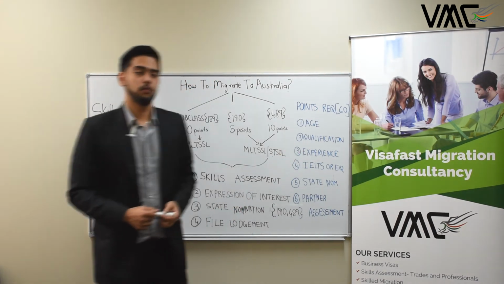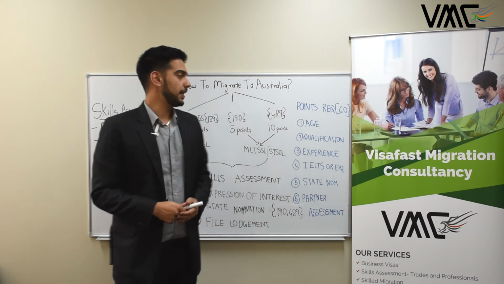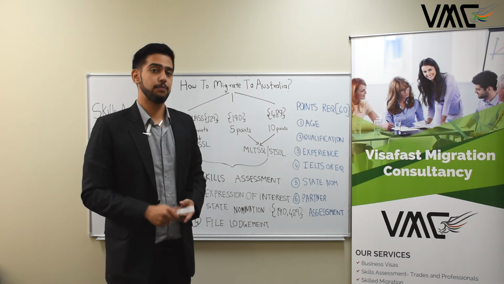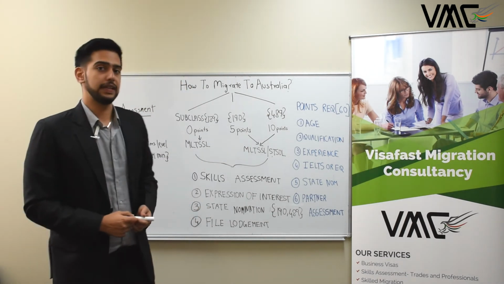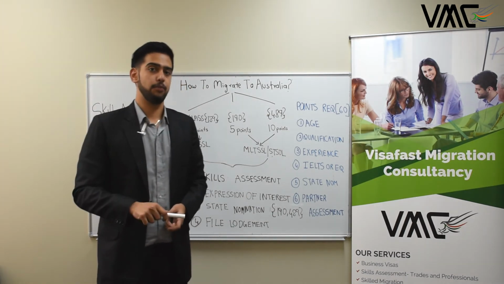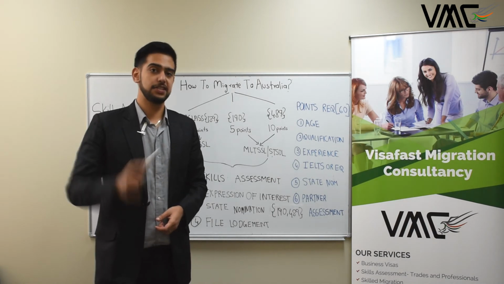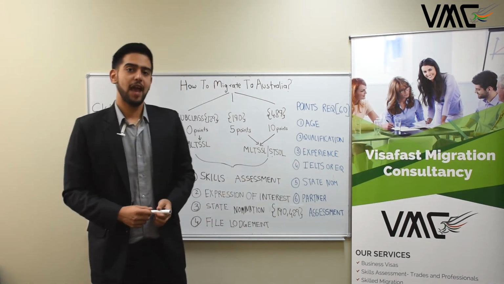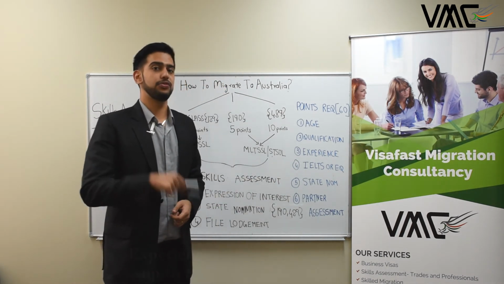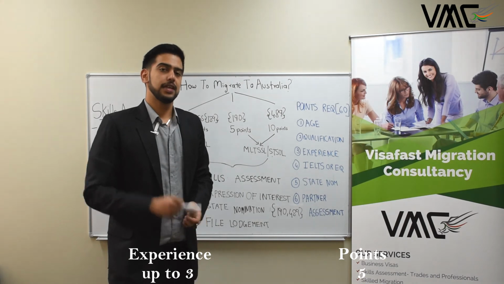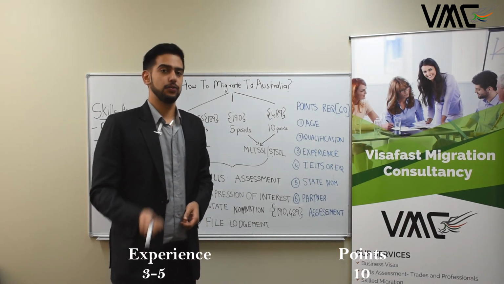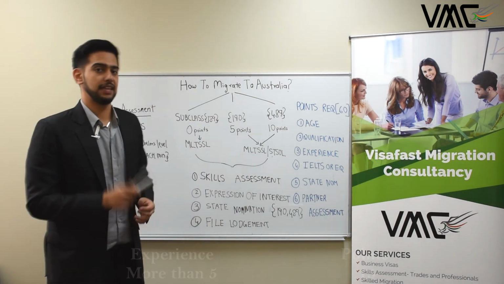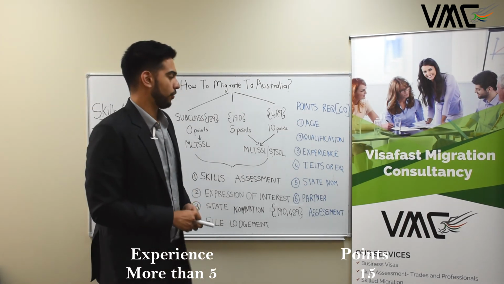Qualification, depending on the occupation you're nominating: for certificate and diploma level courses, you will get 10 points, but for bachelor's and master's, you will get 15 points. A master's by research or PhD will give you additional points. Experience: post-qualification experience up to 3 years gives you 5 points, 3 to 5 years gives you 10 points, and more than 5 years of post-qualification experience in your home country gives you 15 points.